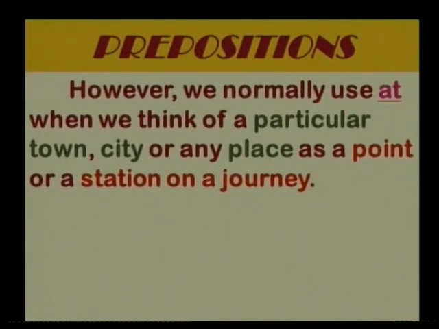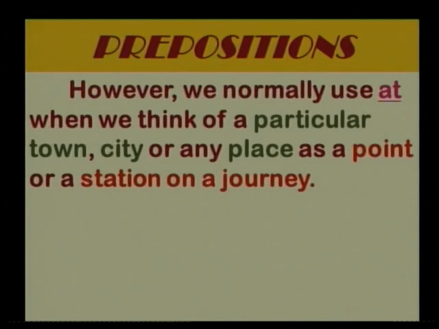Okay, now this is an important point. However, we normally use at when we think of a particular town, city or any place as a point or a station on a journey. All right, please read this carefully.